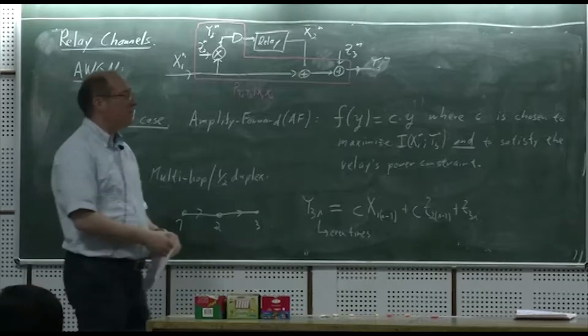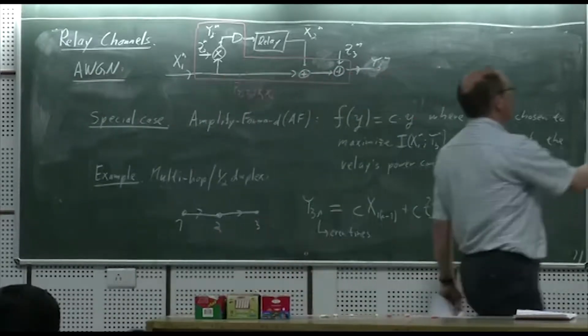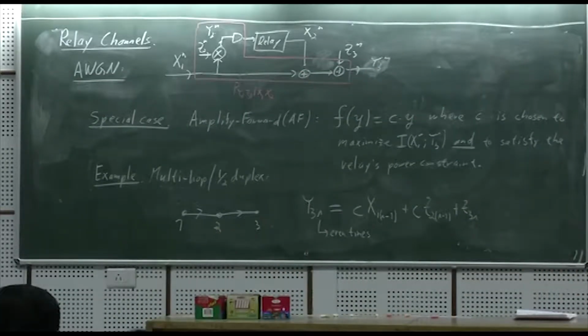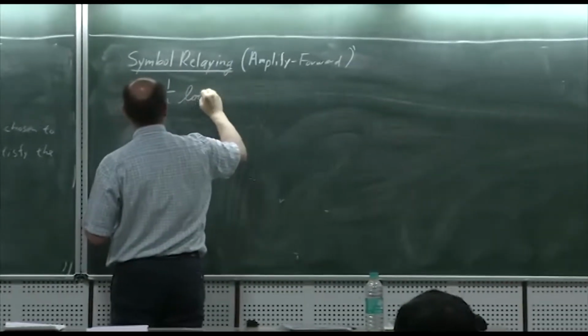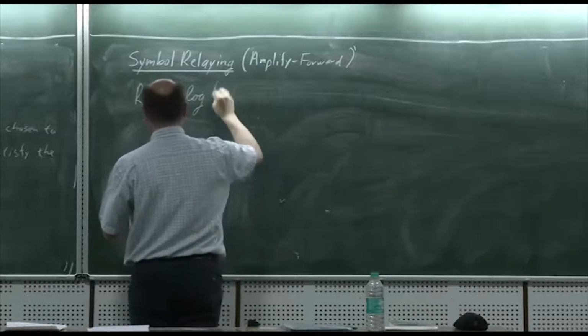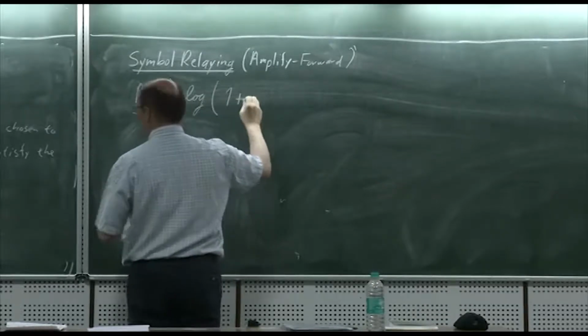So we can compute the rates that we get with this. The rate will become 1/4, because we're using the channel only half the time usefully, times log of 1 plus the signal to interference plus noise ratio.